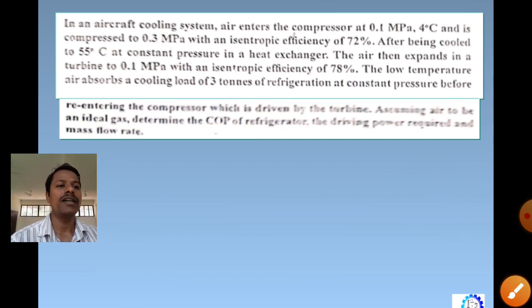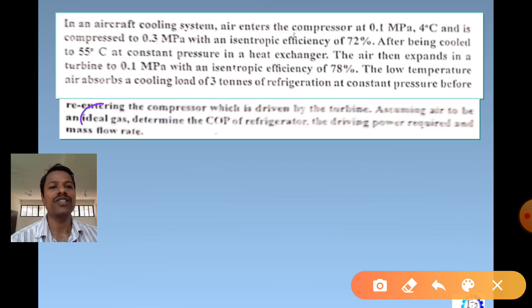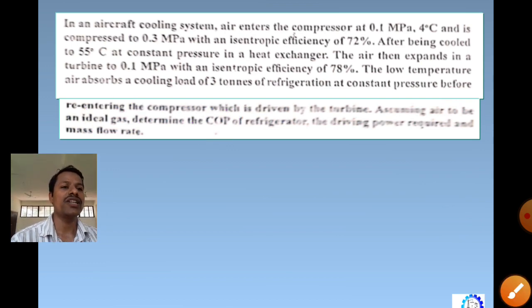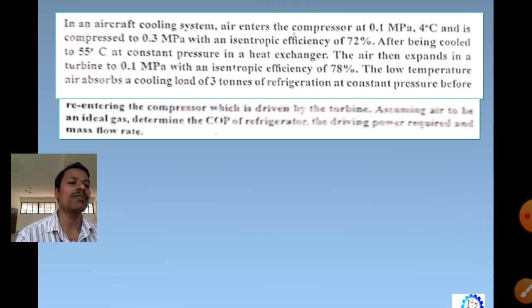Assuming air to be an ideal gas, determine the COP of the refrigerator, the power required, and the mass flow rate of air.